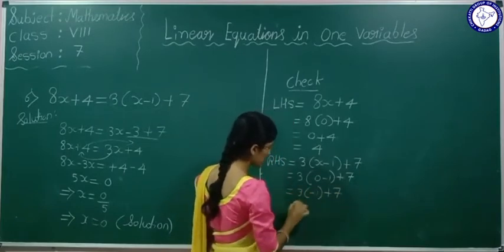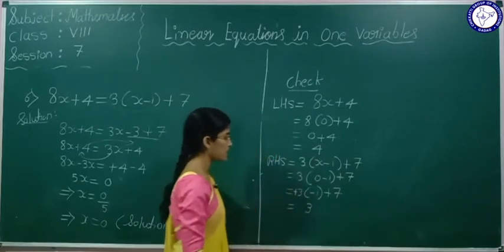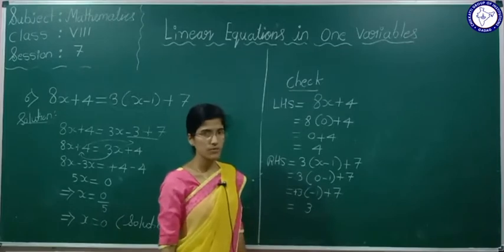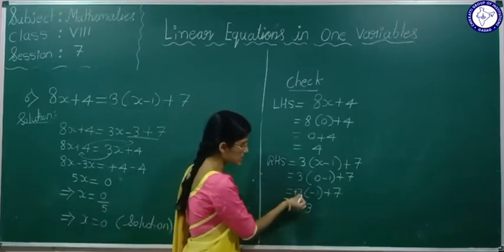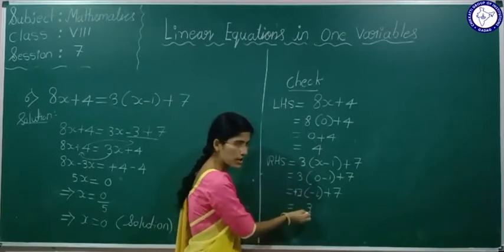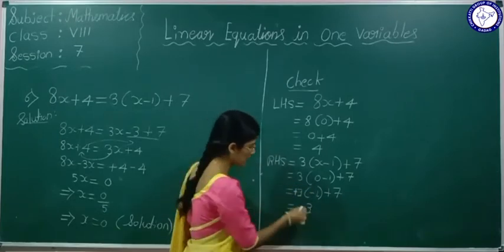3 ones are 3. Here minus is there, right? When we multiply a positive integer with a negative integer, first we will treat this as a whole number. If you multiply the two whole numbers, we get the product. Plus minus is what? Minus.